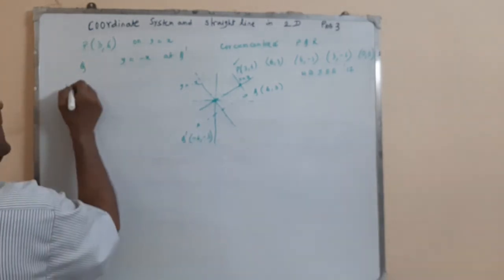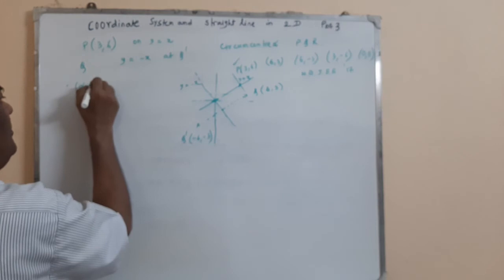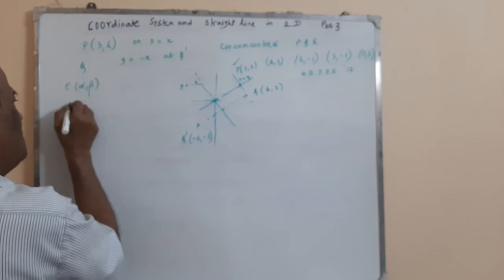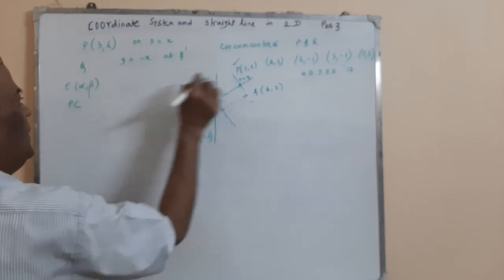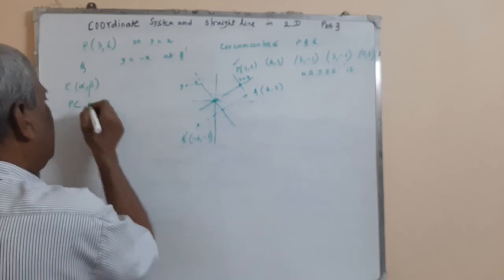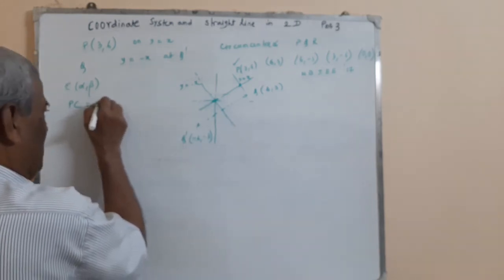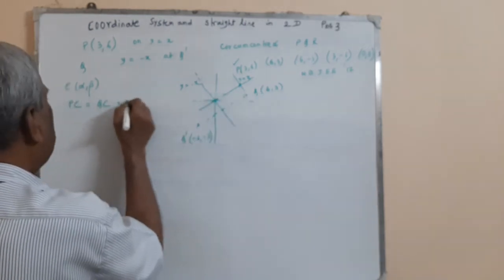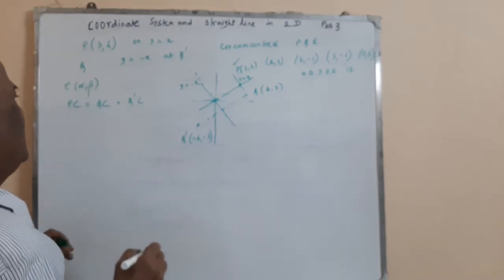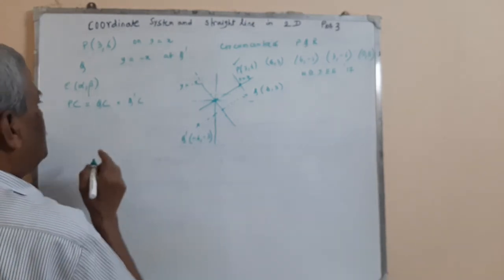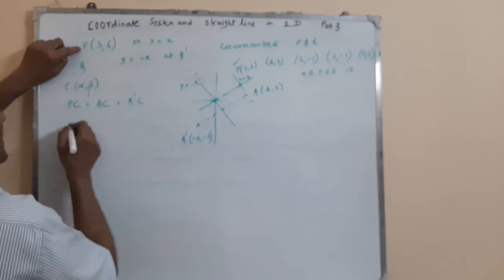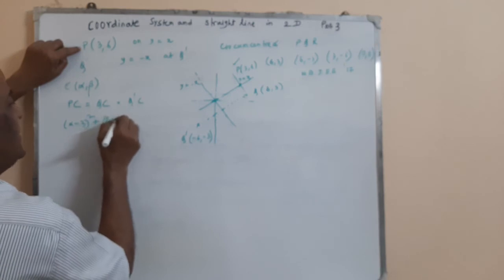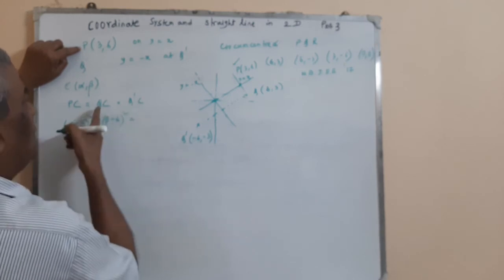Let the circumcenter be (alpha, beta). So circumcenter is C, say. Therefore, we must have PC equal to QC, and this must be equal to Q'C. PC means, C is that, so it is (alpha - 3) whole square plus (beta - 6) whole square, equal to QC.